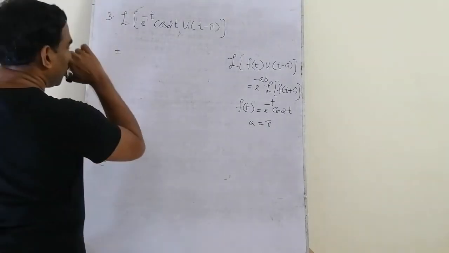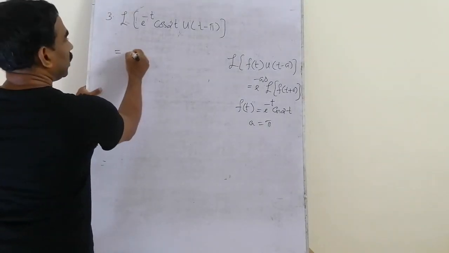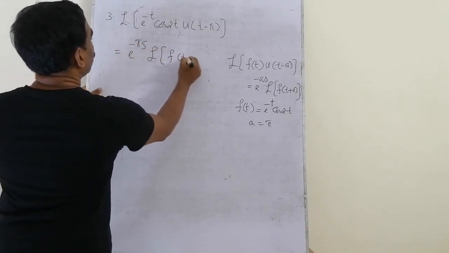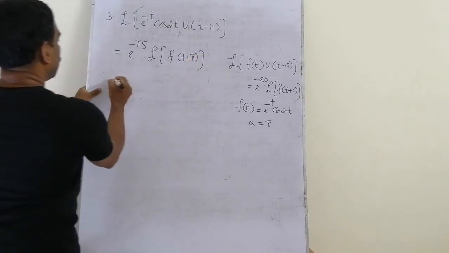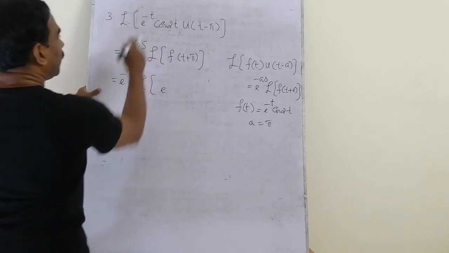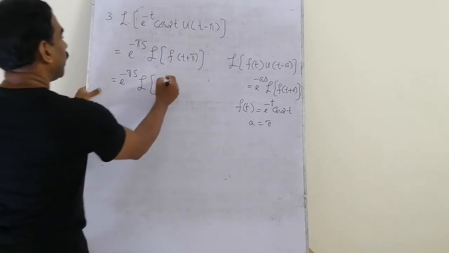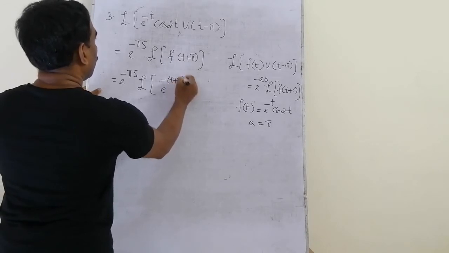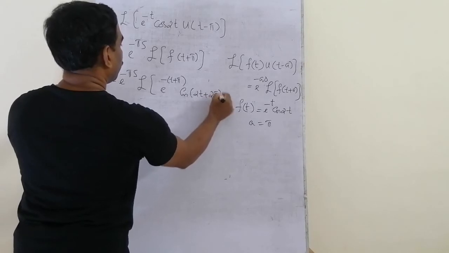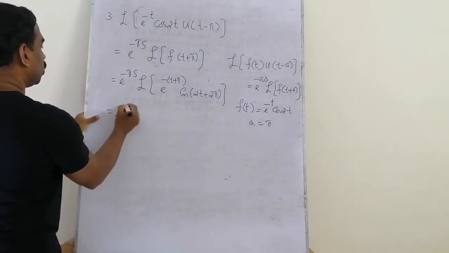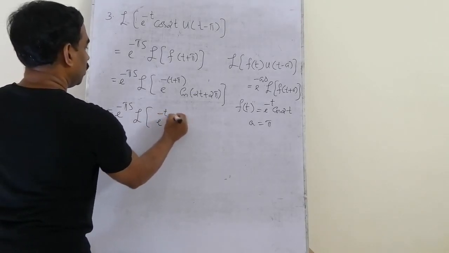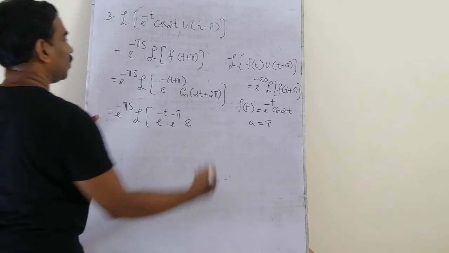So by that standard result we have this Laplace transform is equal to e raised to minus as, that is e raised to minus pi s into Laplace transform of f(t plus pi), is equal to e raised to minus pi s into Laplace transform of changing every t by t plus pi, that is e raised to minus of t plus pi, cos 2t plus 2 pi, is equal to e raised to minus pi s into Laplace transform of e raised to minus t into e raised to minus pi, and what is cos 2 pi plus theta?